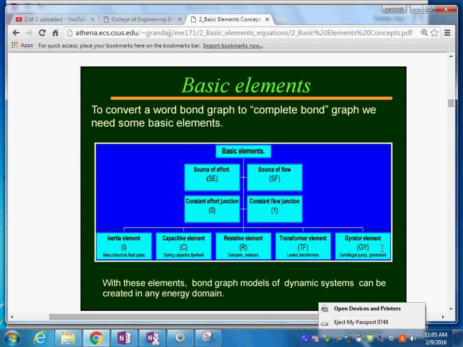You see, in an electric motor, the voltage is directly related to the current. But a voltage is an effort variable, and the current is a flow variable.